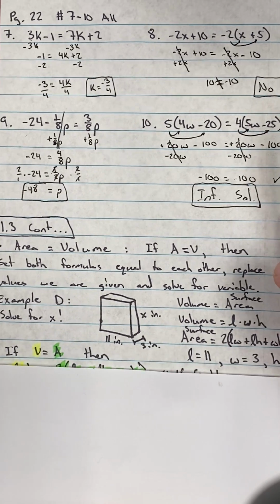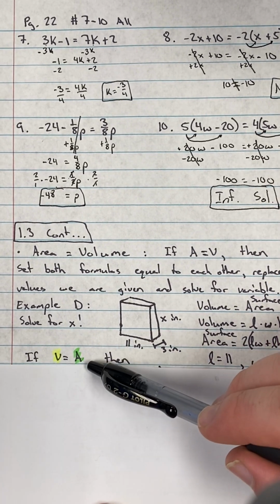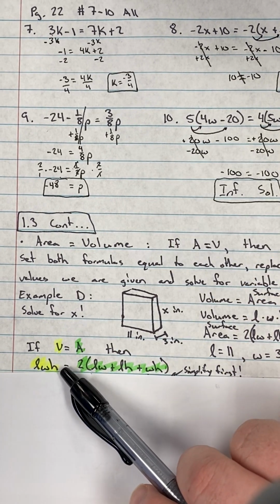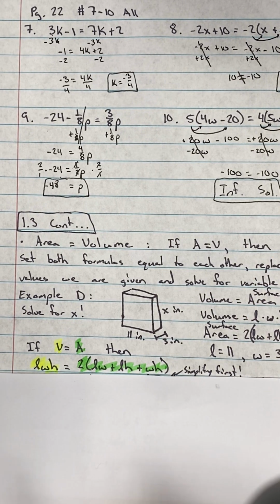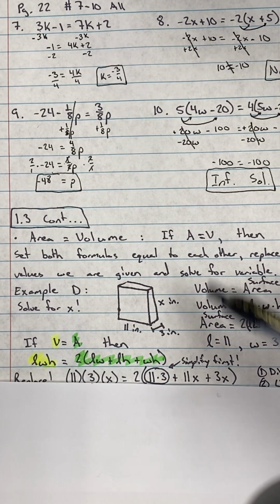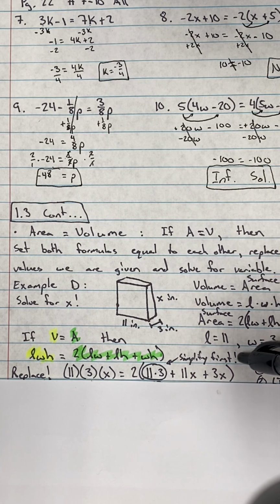So let's go ahead and do that. All right, if volume equals A, or V equals A, then we take volume and set it equal to surface area, okay? So I'm going to go ahead and simplify this first, okay? Or actually, sorry, not simplify first.